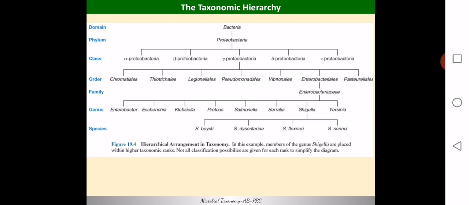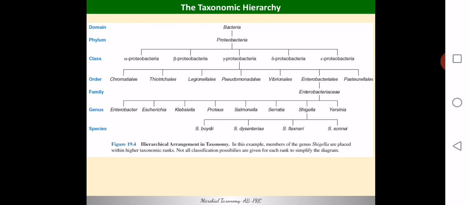Here you can see the taxonomic hierarchy, or the different levels of taxonomic groups widely used in classification systems. Since it is bacteria, we use the term domain instead of kingdom.